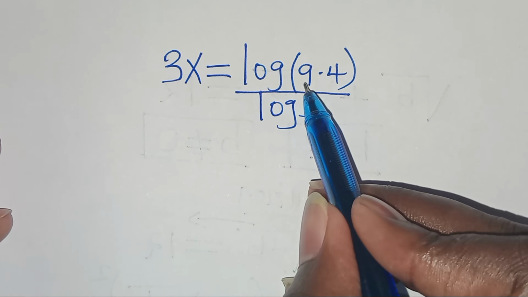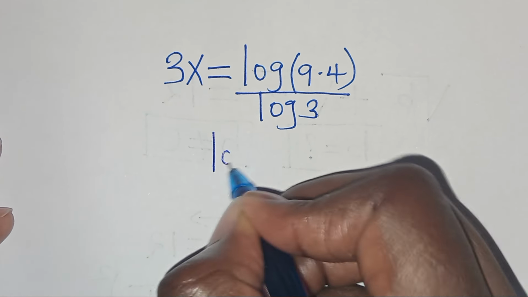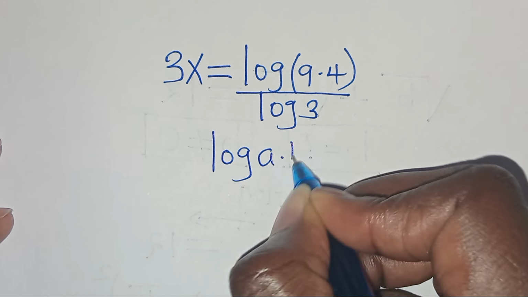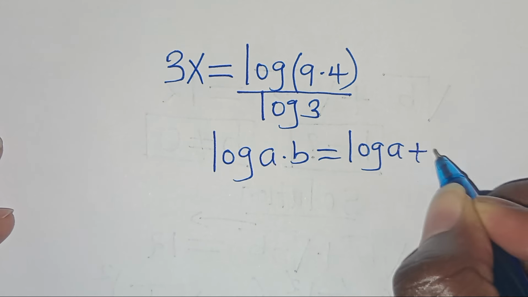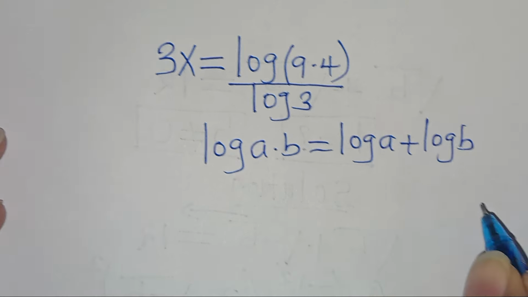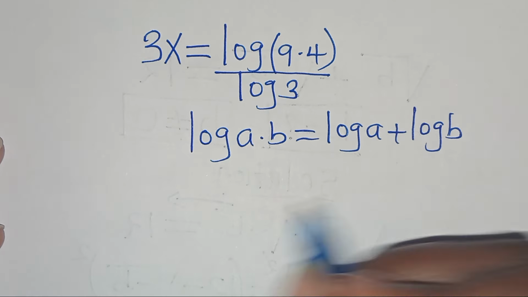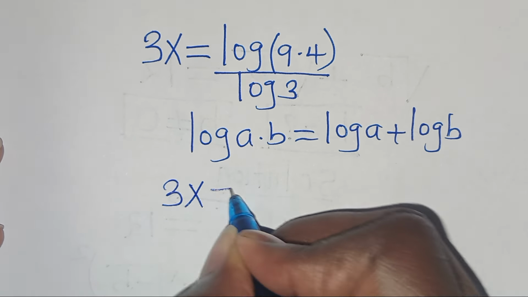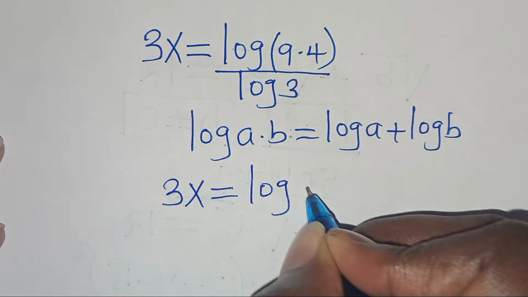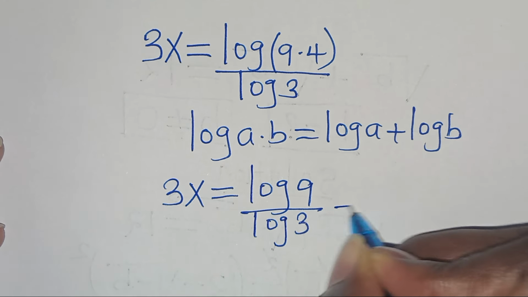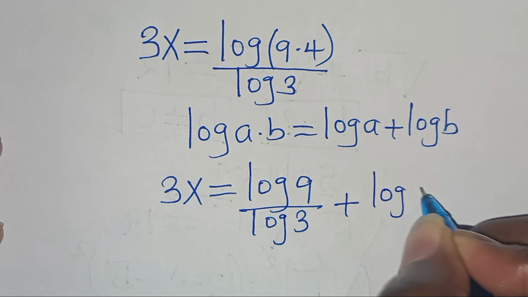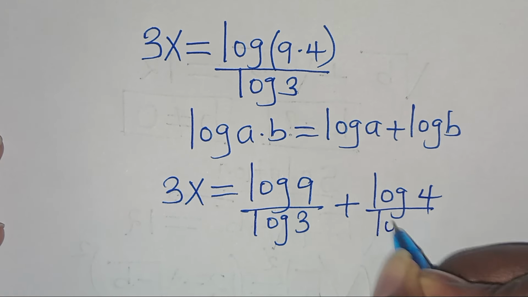Now we have that log 9 times 4 is in the form of log a times b, which we can express as log a plus log b. Applying this logarithm property, then we have 3x equal to log 9 divided by log 3, then plus log 4 divided by log 3.